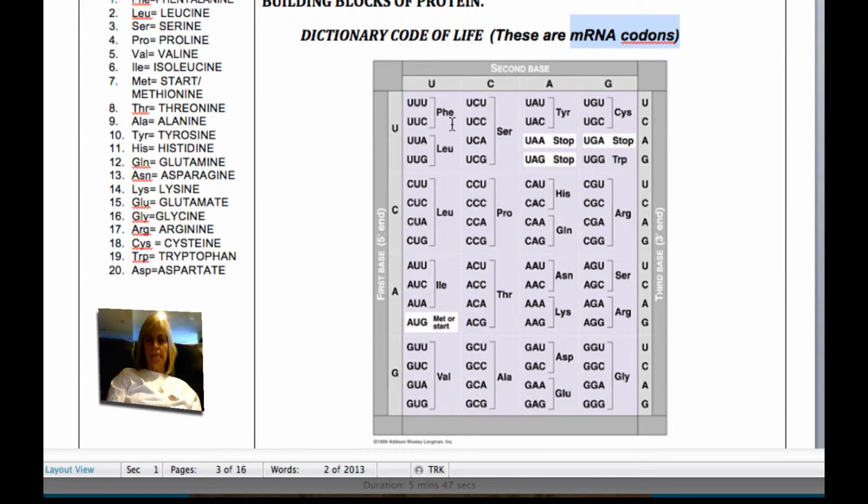If I have a codon on messenger RNA called AUG, here is how I would use this dictionary code of life.